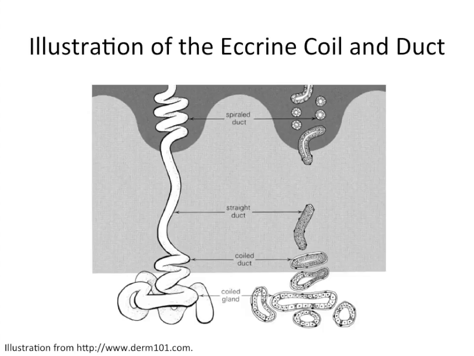And so this is just showing you the eccrine duct again. And this is the coil region down here. And then as you get into the duct region, you can see most of the duct is this straight area, but there are also sections of the duct that are coiled.